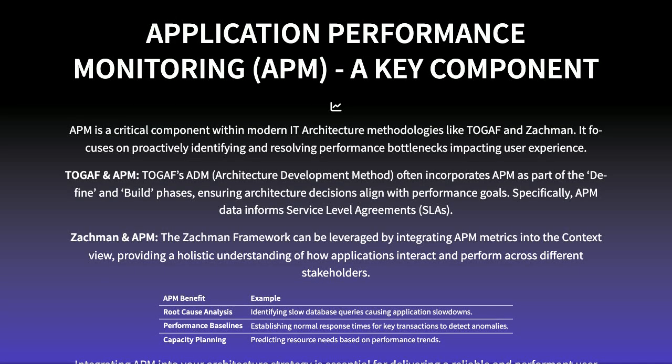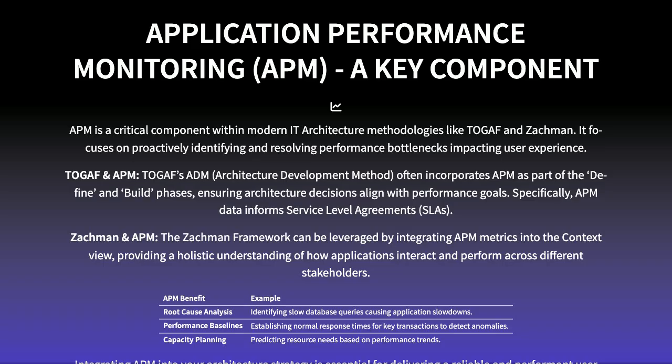Okay, let's talk about application performance monitoring, or APM. It's a really important piece of the puzzle when we're talking about building robust IT architectures like those described by TOGAF and Zachman. Essentially, APM helps us spot performance problems before they affect users. Think about it, if an application is slow, people get frustrated and leave.